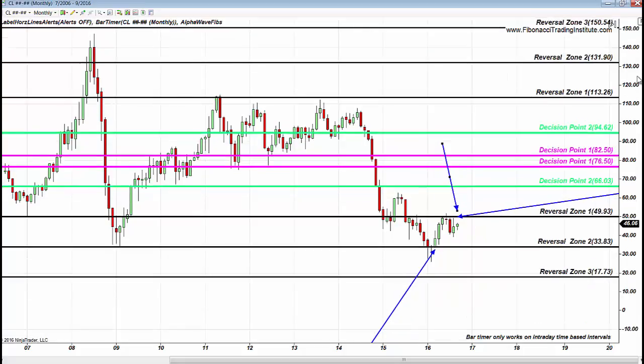Price spelled out these levels more than 10 years ago in a play in front of you today on monthly. It is all about this Fibonacci level. As long as oil is respecting and struggling to break through 50, this is the ultimate Fibonacci resistance, and this is what must be broken in order for oil to head higher.